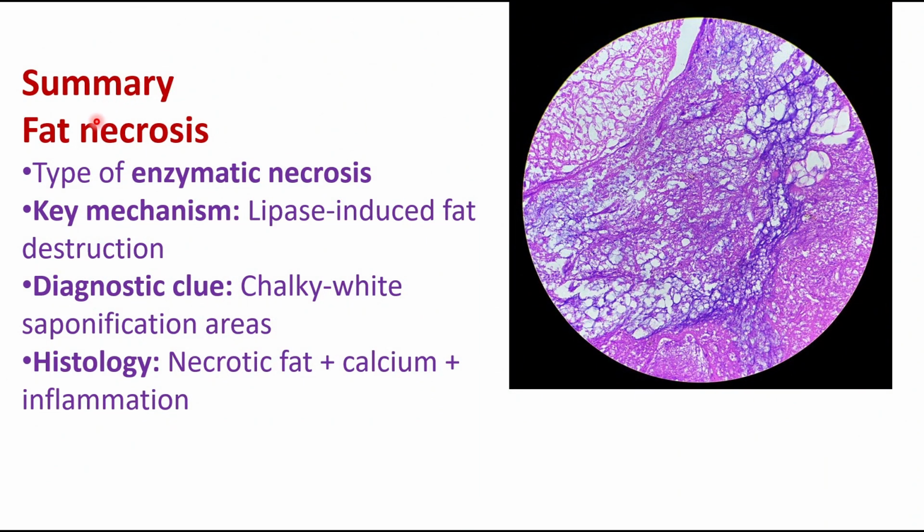So in summary, fat necrosis is an enzymatic necrosis. The key mechanism is the lipase which induces fat destruction. The diagnostic clue is chalky white saponification area, and histologically necrotic fat, calcium deposition, and some inflammatory infiltrate.